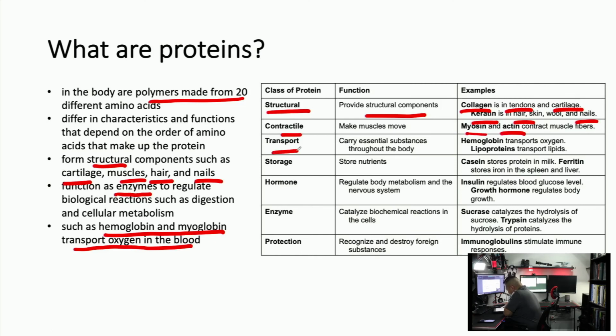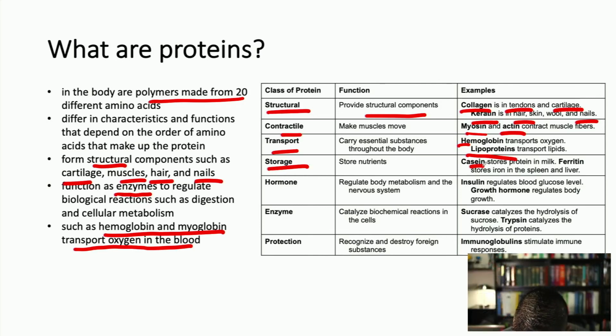Transport proteins, hemoglobin, which transports oxygen throughout your body, and then lipoproteins, which we were talking about in the last lecture, high density lipoproteins and low density lipoproteins, right? And then there are storage proteins too, casein for proteins of the milk, and ferritin, which is like ferrous or ferric, like iron, so it stores iron in the spleen and liver.